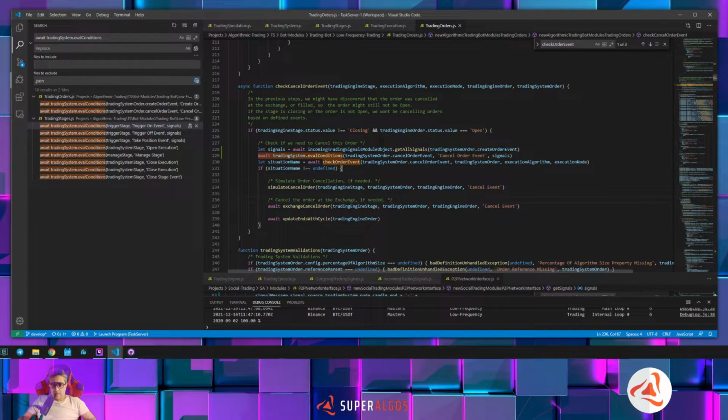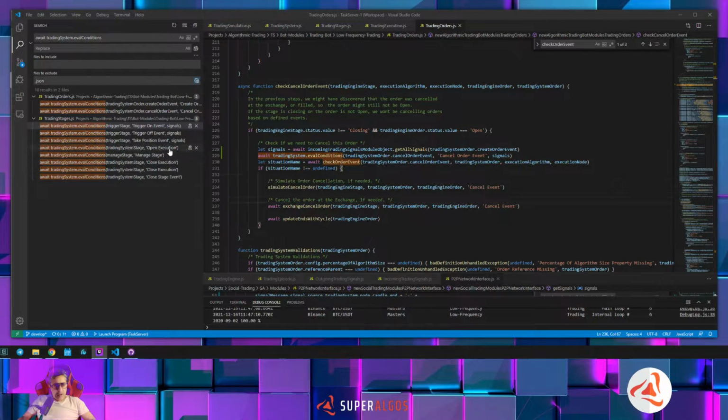So that means that by the time we do the check order event, we will already have the signals if they exist. Okay, good.